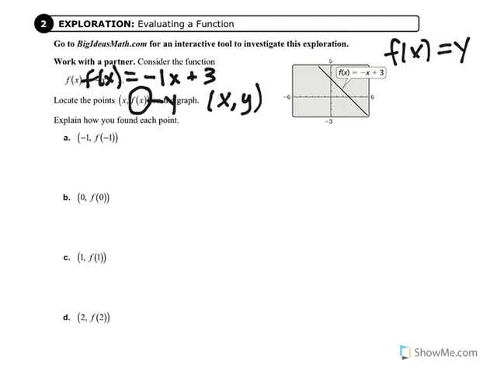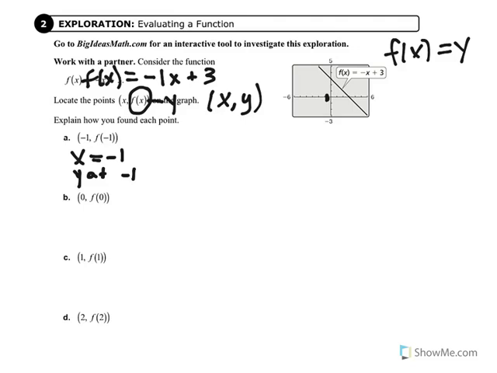f of -1. So what I would say, I would write this out. This means if x is equal to -1, we're going to find the value of y at -1, okay? So you go to your graph and you say, okay, well, x of -1 is right here.